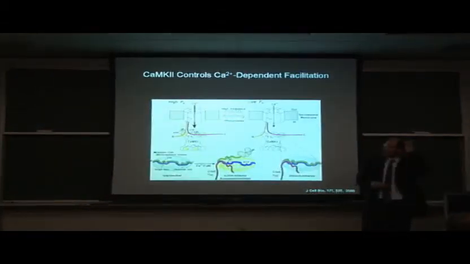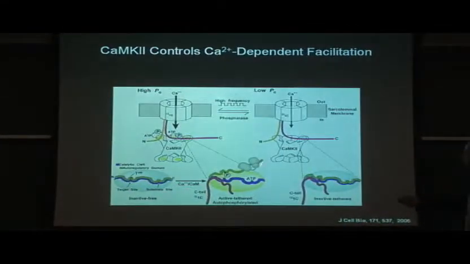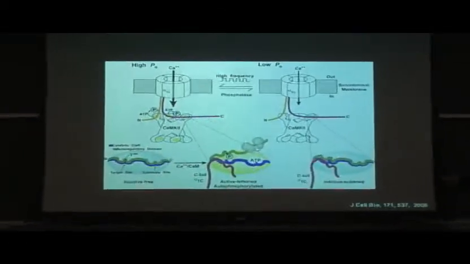So this is our crude model of what's going on: the kinase is associated with the channel. The critical phosphorylation sites are in the amino terminus and the carboxy terminus, and the kinase somehow is interacting with the active site, but the kinase itself can be turned on or turned off, and it stays tethered.